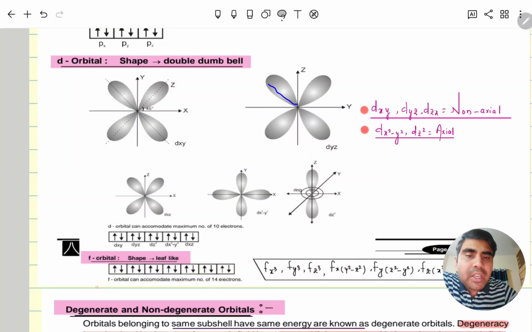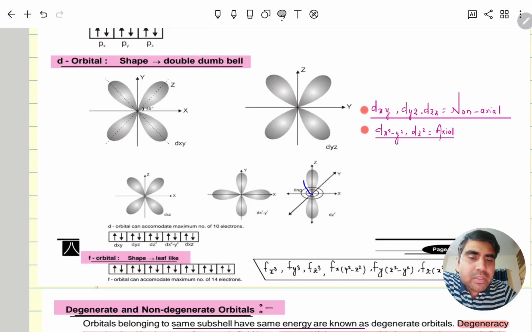Here you can see this one is non-axial: all those lobes are not present on the axis. Whereas here this is present on the axis, so they are called axial.